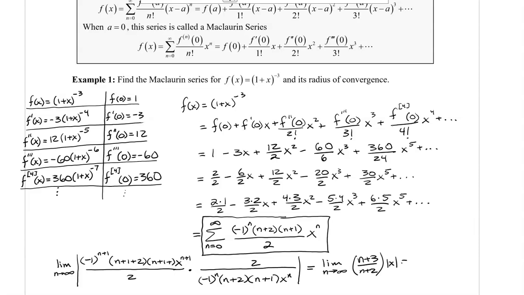Taking that limit, we simply get absolute value of x, and that needs to be less than 1 in order for our series to converge. So therefore, our radius of convergence is r equals 1.